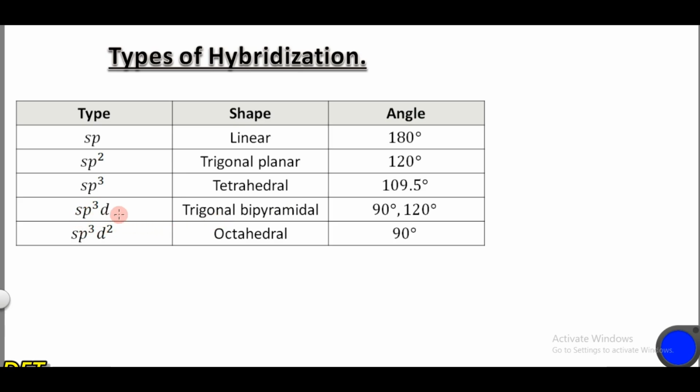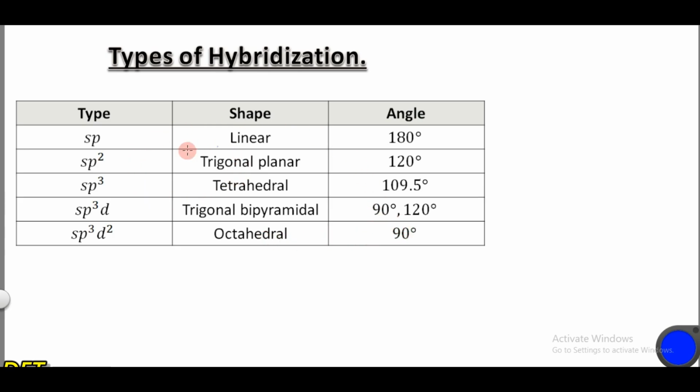In sp3d hybridization, the shape is trigonal bipyramidal and the bond angle is 90 and 120 degrees. In sp3d2 hybridization, the shape is octahedral and the bond angle is what, 90 degrees.